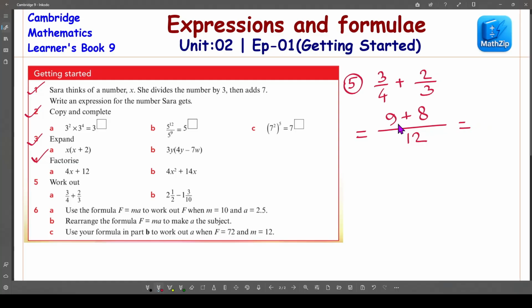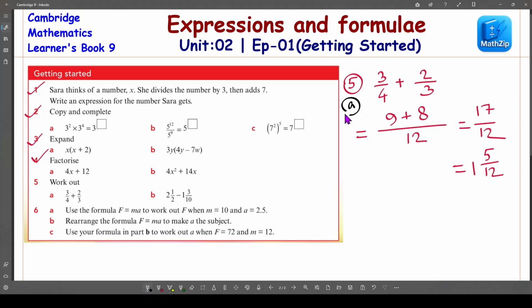So the result is 9 plus 8, 17 divided by 12. This is an improper fraction. If you want, you can make this a mixed fraction. It means 1 and 5 by 12, which is a similar thing.